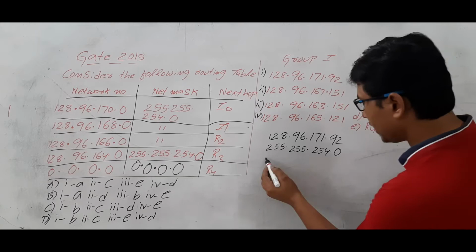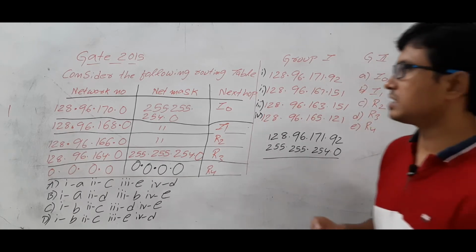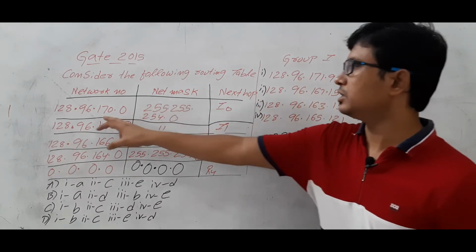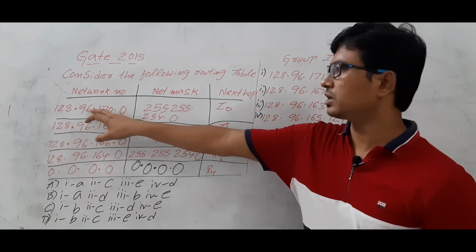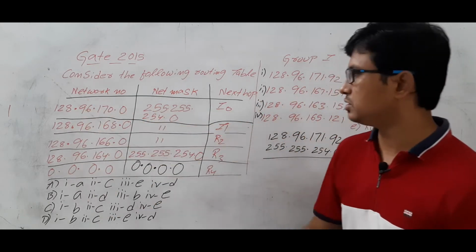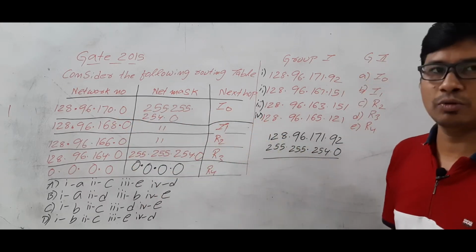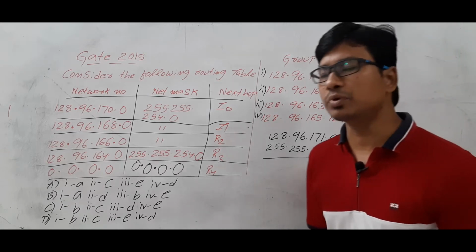If I get the bitwise AND as this number, then I can say that this packet belongs to the network having this network number, so I have to transfer the packet using the next hop as I0. This is the simple one.